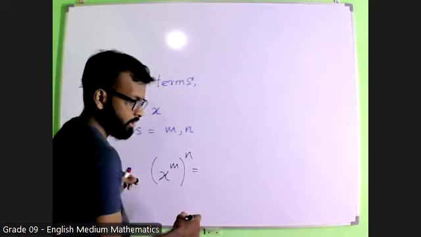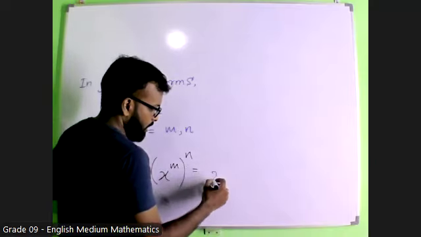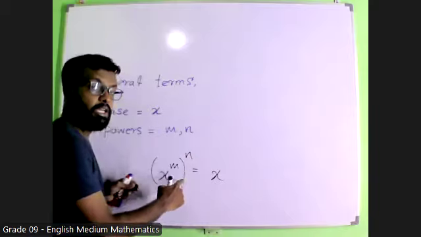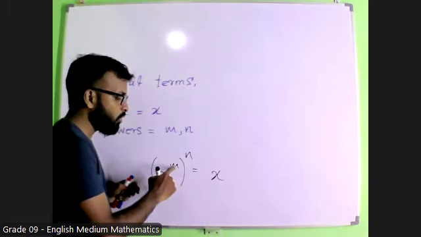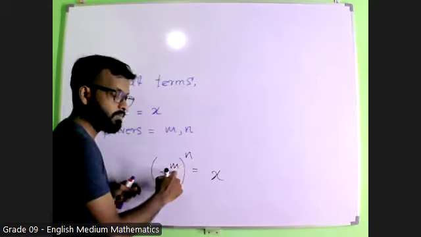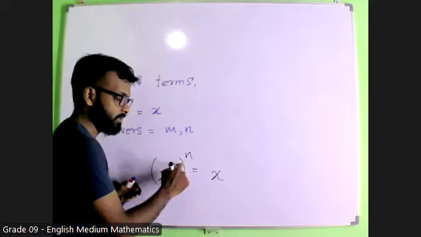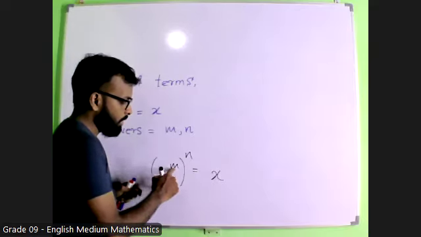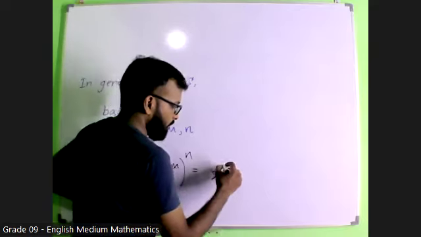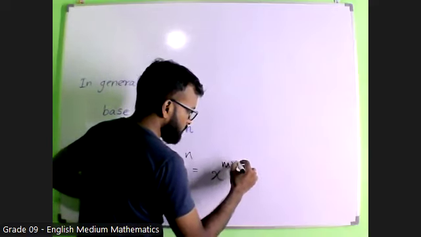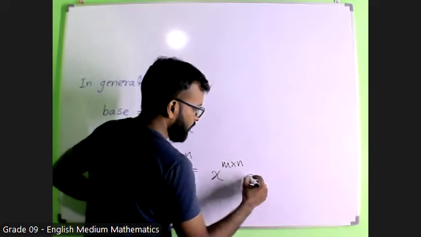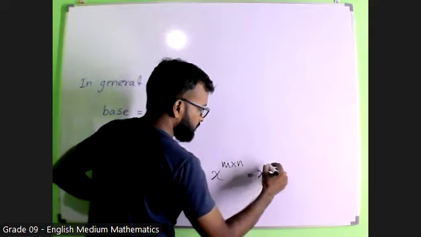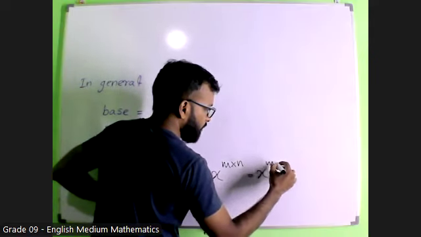Directly you can write x. What is the meaning of this parenthesis? You have to multiply these two powers, the indices. m times n, so x to the power mn.